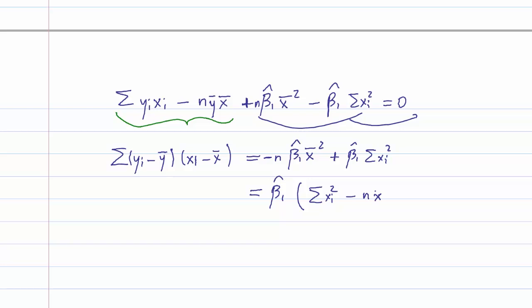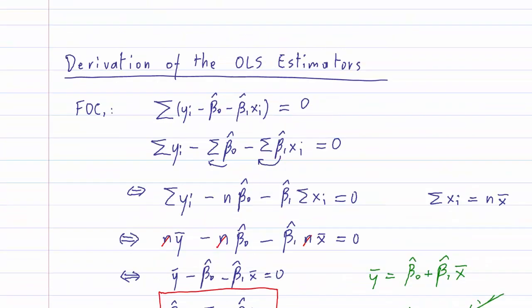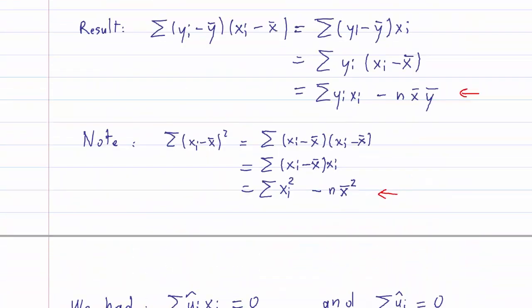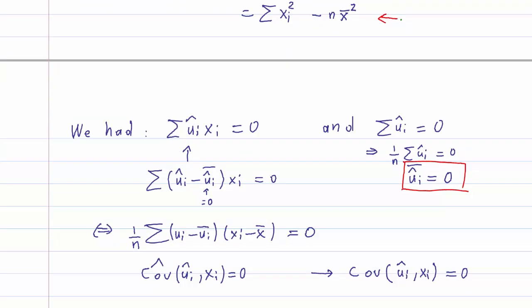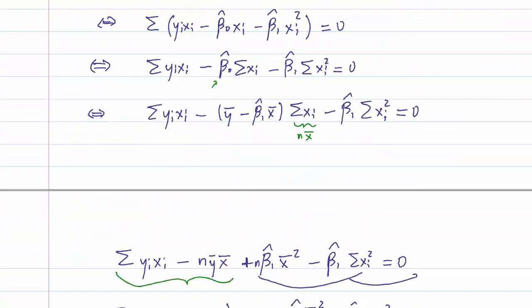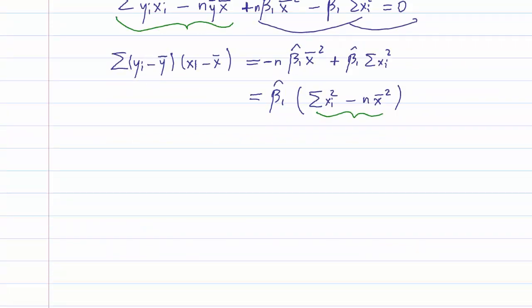And this here should look familiar because this is the second result we have here. Sum of xi square minus n times x bar square. So this is equal to beta 1 hat times the sum of xi minus x bar, the whole thing squared.